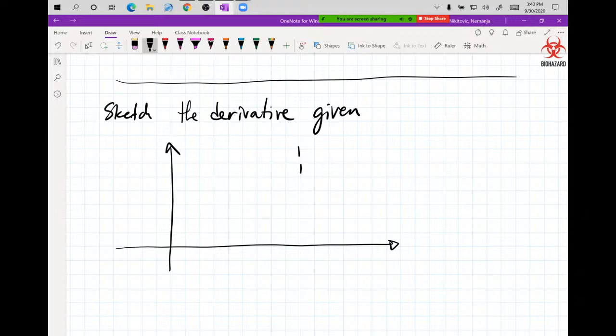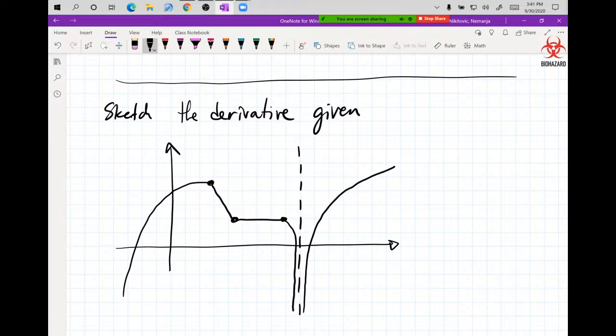We'll place a vertical asymptote somewhere, like this. And then I'm going to go like this, stop, go like that, stop, go flat, stop, and then go down, follow the asymptote. Then let's say come out of the asymptote from the other side and just go up forever like this. This is your f of x.